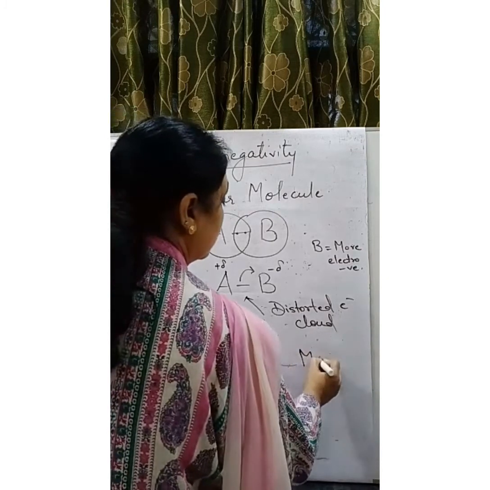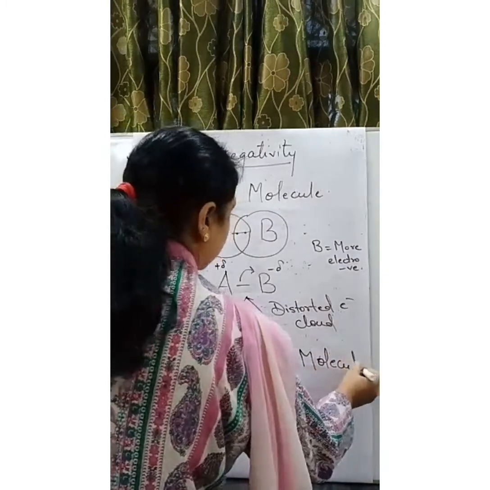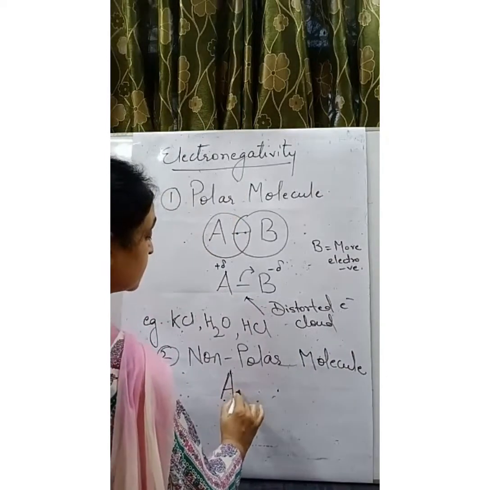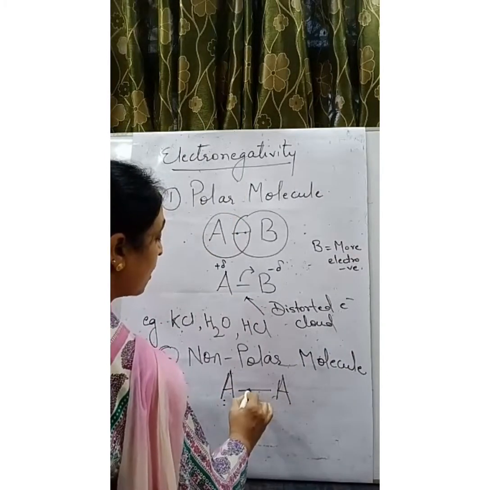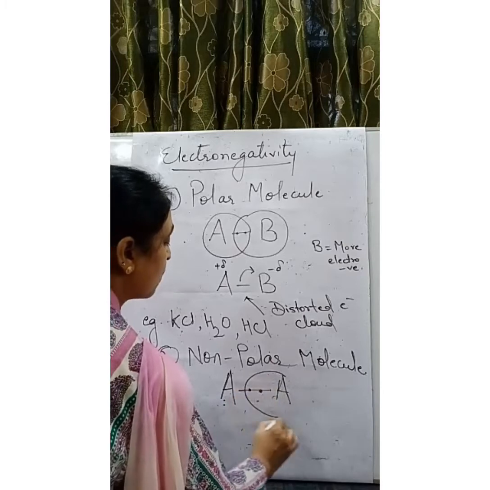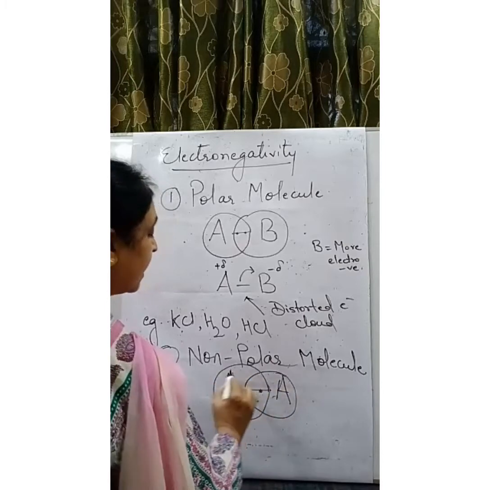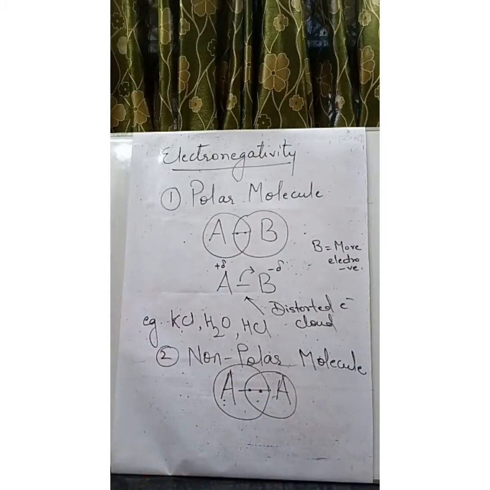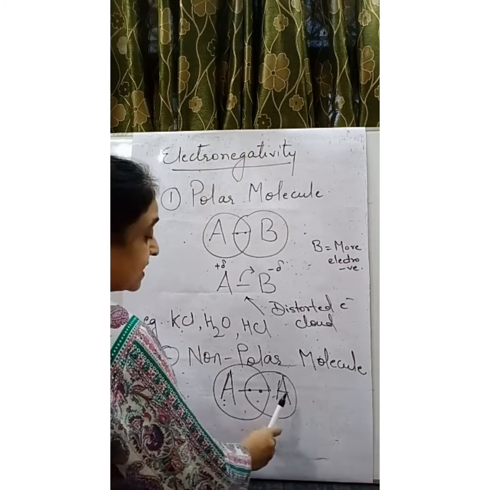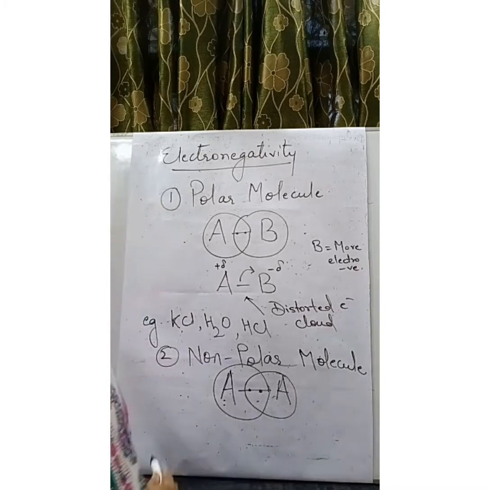Let us take another type of molecule on the basis of difference in electronegativity. Non-polar molecule. Now when two atoms are forming a bond, here A is forming a bond with A. Now there is no difference in electronegativity between these atoms. So none is interested in pulling this electron cloud towards itself.